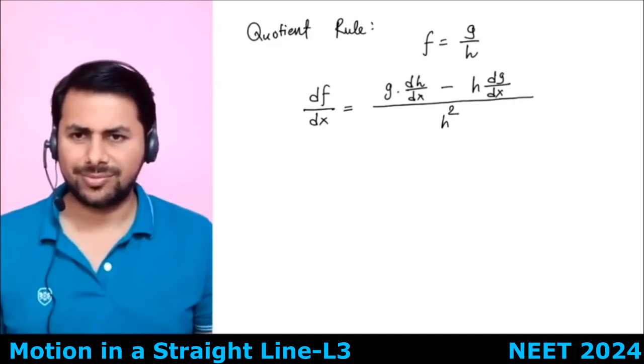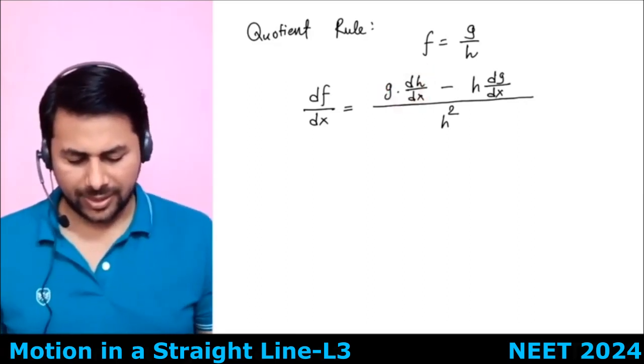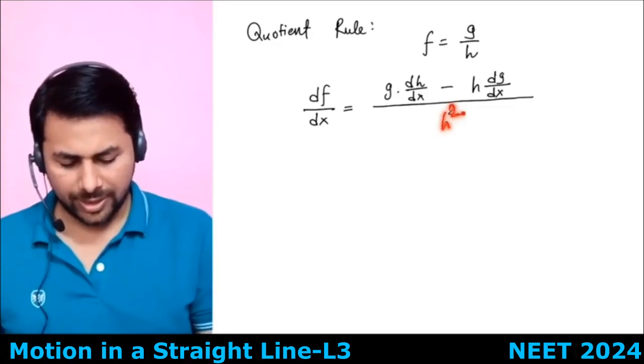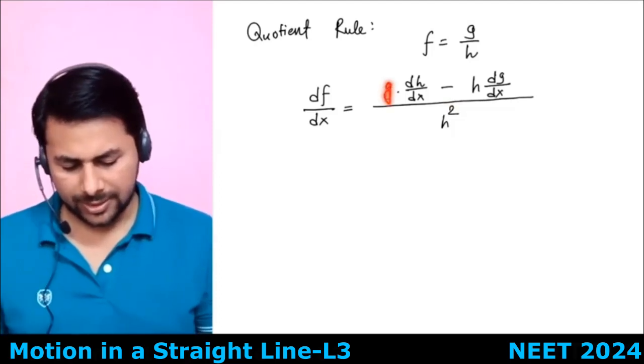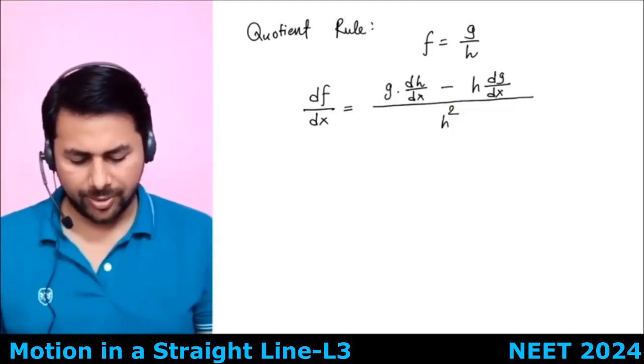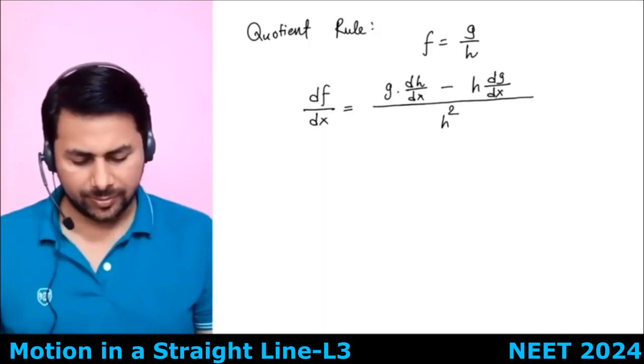Yes, no? How can we derive it? Do you remember this, or is there a negative sign? So you have denominator square, then the numerator as it is multiplied by the derivative of the denominator minus h.